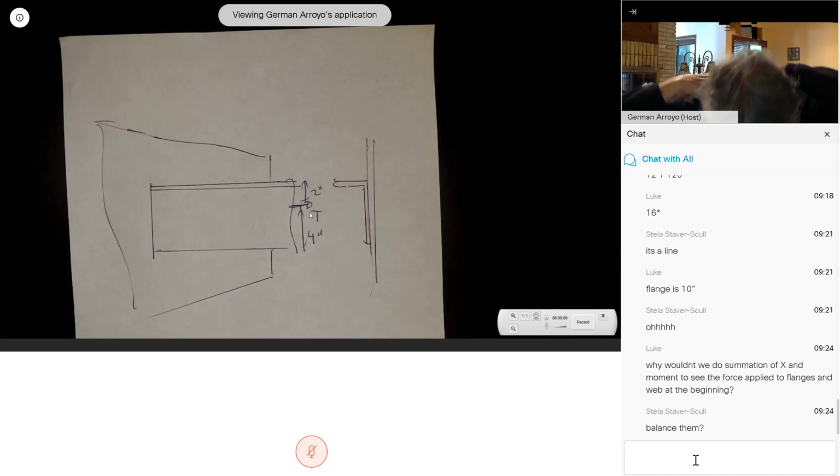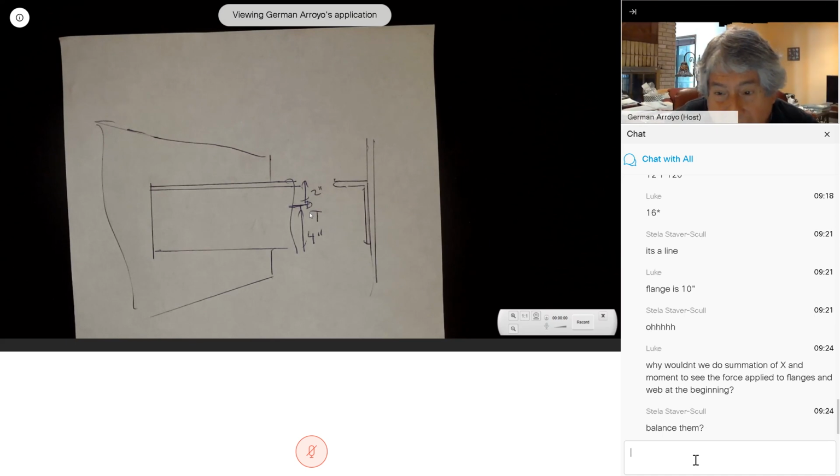Concentric because the load is applied at the centroid. If I apply, I'm making this up, these dimensions are just created, 4 plus 2 is 6. If I put it away from the centroid, this is an eccentric shear problem. So this is concentric, applied at centroids.